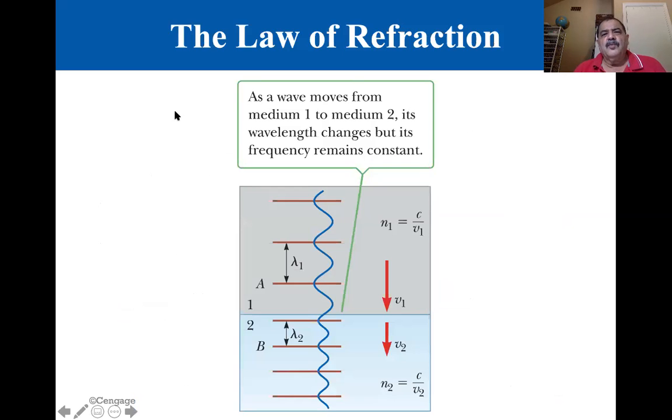As a wave moves from medium 1 to medium 2, its wavelength changes, but its frequency remains constant. As it moves past observer A, it's going to have a particular frequency. As it moves past observer B, it's going to have the same frequency, but the wavelength will be shorter because it's traveling at a slower velocity.